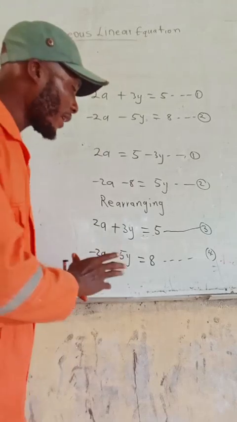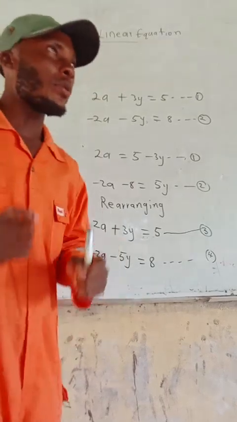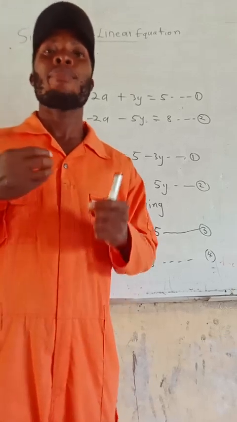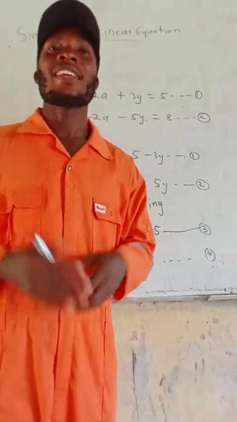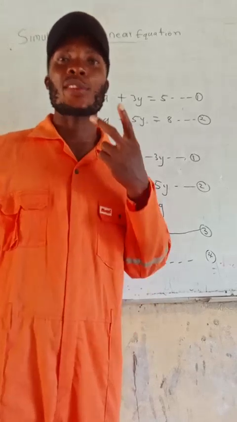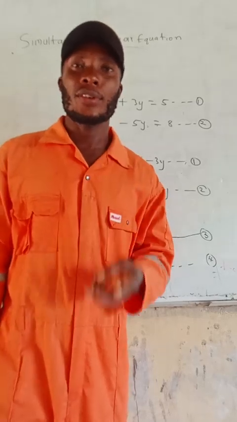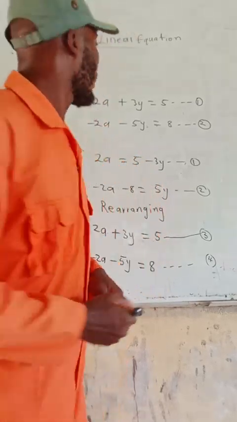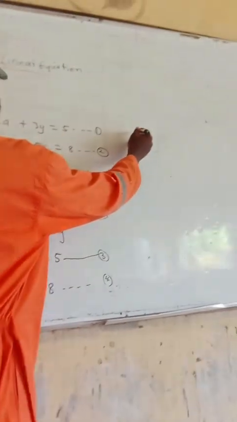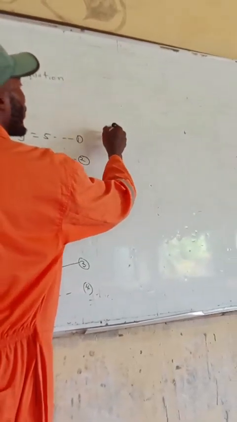Okay? Then, after this stage, we will now talk about the methods of solving simultaneous equation. There are two methods, there are two ways in solving simultaneous equation. One is the elimination method.